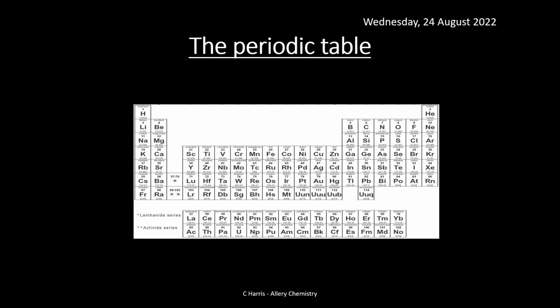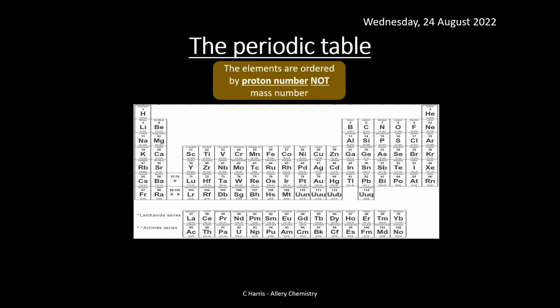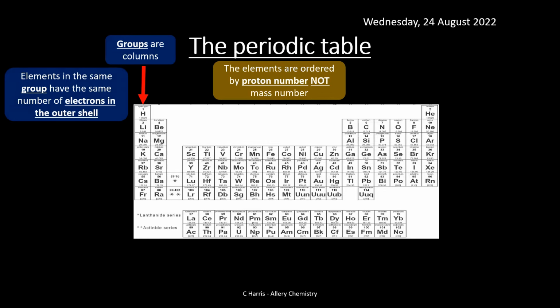So we're going to start with the straightforward stuff first, which is the periodic table. Obviously, we know what the periodic table is. In the periodic table, the elements are ordered by proton number, not mass number. You've got groups, which are in columns, and the elements in the same group have the same number of electrons in the outer shell.